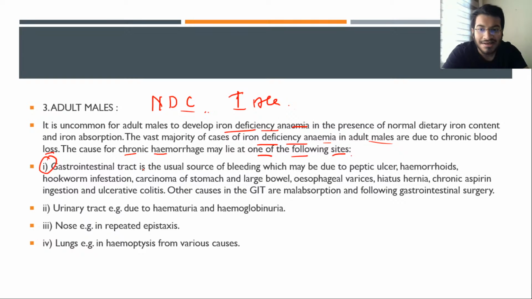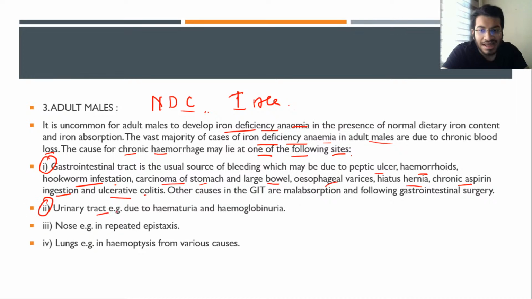The GI tract is the usual source of bleeding, which may be due to peptic ulcer, hemorrhoids, hookworm infestation, carcinoma of the stomach, large bowel, esophageal varices, hiatus hernia, chronic aspirin ingestion. Then ulcerative colitis and other causes in the GIT are malabsorption and following GI surgery.